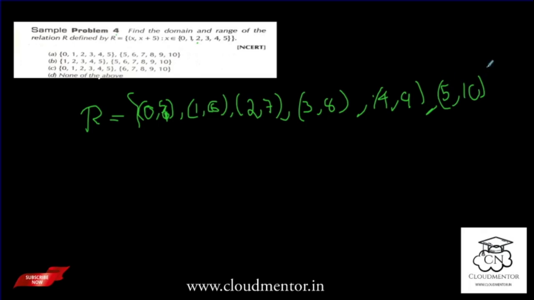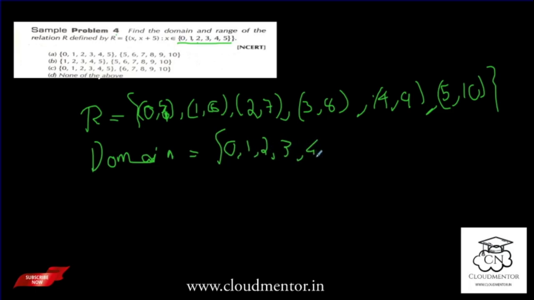So this is the relation, and the first elements are the domain. We need to find the domain and range here. So the domain will be those first elements, 0, 1, 2, 3, 4 and 5.